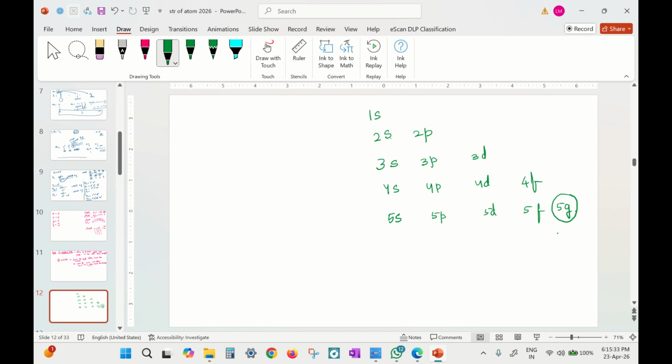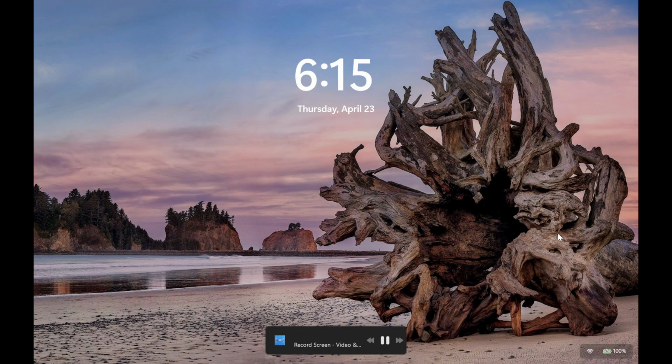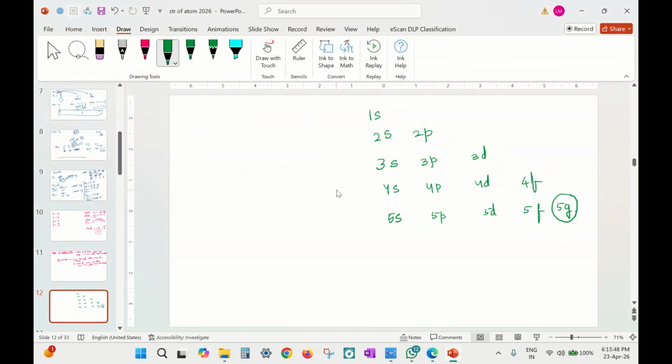It would be 5. So only in the fifth shell do I find the G subshell. Only in the fourth shell onwards do I find the F subshell. Only in the third shell onwards do I find the D subshell and so on.